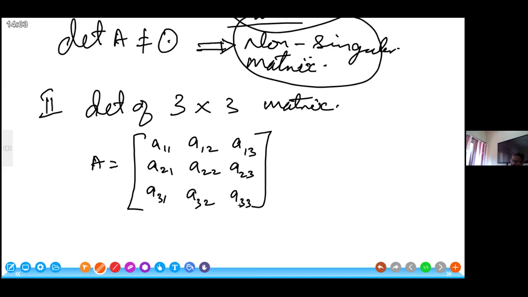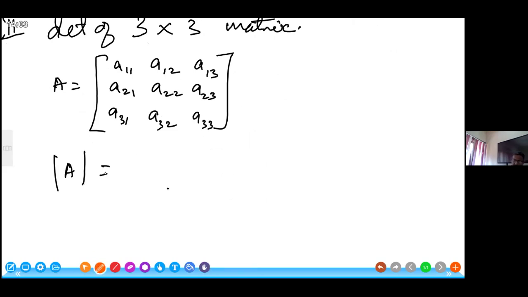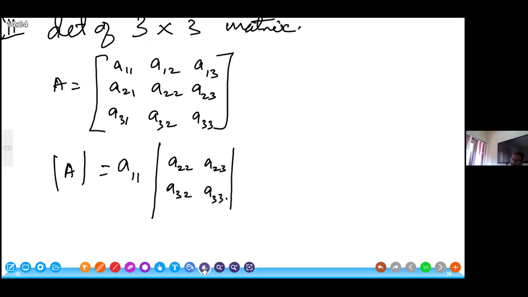The determinant of this is given as A11 into the determinant of A22, A23, A32, A33. I will explain this.